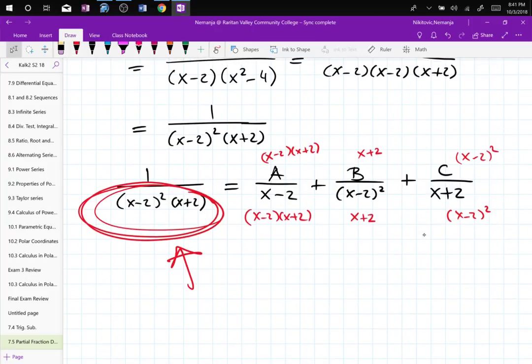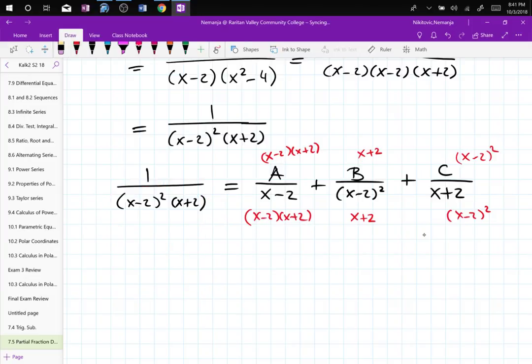So now you just have to multiply these and add like terms. And you can immediately forget about the denominator, because the denominator on the left side and the denominator on the right side will be the same. So you can start this equation as 1 is equal to, and just work this out. So x minus 2, x plus 2, that's x squared minus 4. So we have A x squared minus 4A.